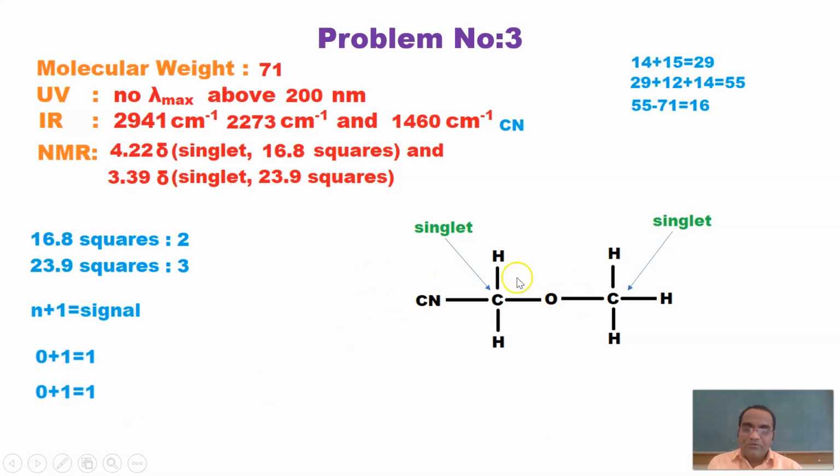Looking at the NMR values, the first signal was 4.22 because it is having cyanide as well as oxygen. And the second signal is 3.39 delta value, as it is just having an oxygen in between. So that is why the delta value for this carbon is less, and for this carbon it is more. And this is the final structure of the problem.